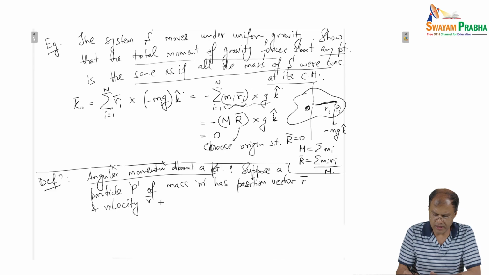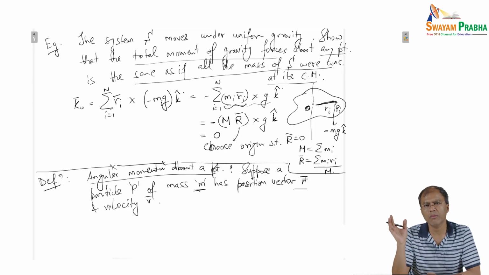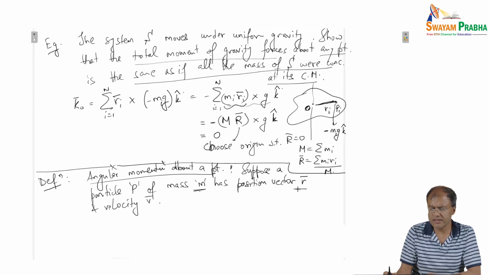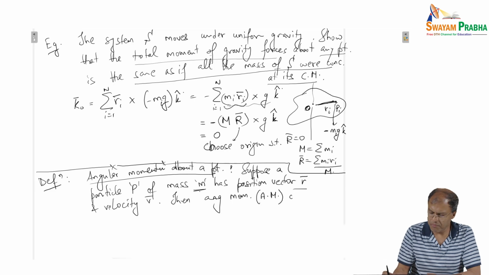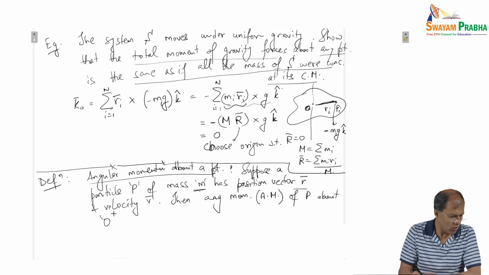So we are given the mass, we are given the position vector. We have already fixed our reference frame with some origin O. From that reference frame, we are measuring the position and the velocity. So then the angular momentum, let me call this short notation AM. The angular momentum of P about O is going to be, by this definition, L naught equals R cross mv.